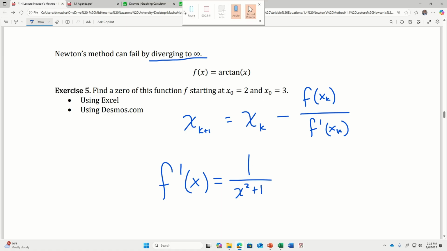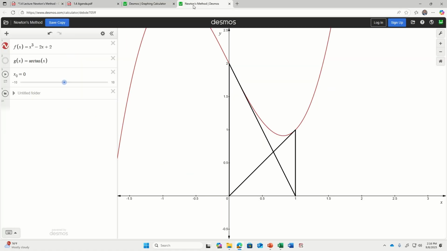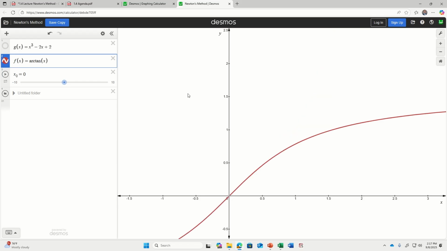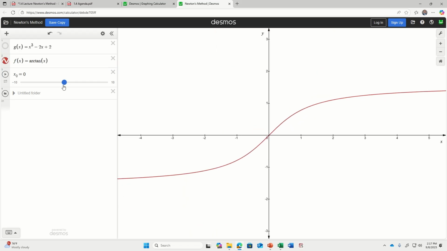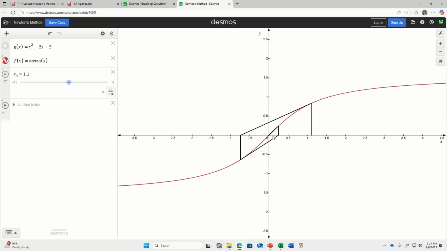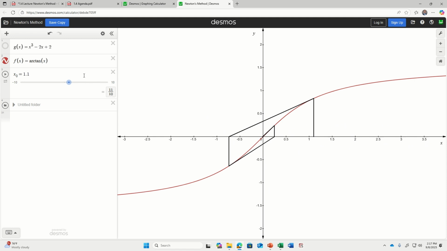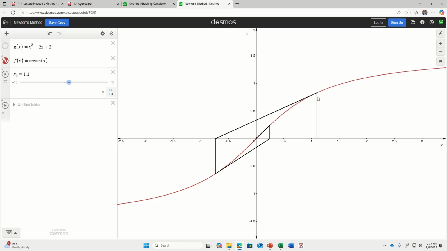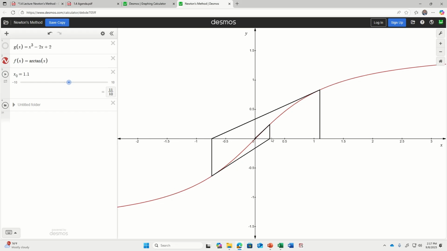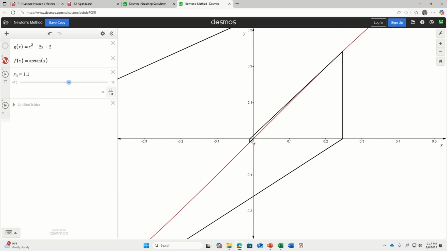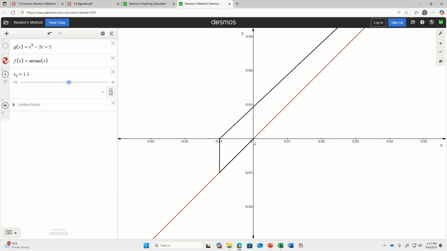And again, what this looks like would be like this. There is a zero of this red function, this arctangent function at x equals 0. And if I start with an iterate like x equals 1.1, look and see what happens. You can see where I start and then the tangent line approximation. It's actually getting better and better. I am converging to the 0 with that starting iterate.